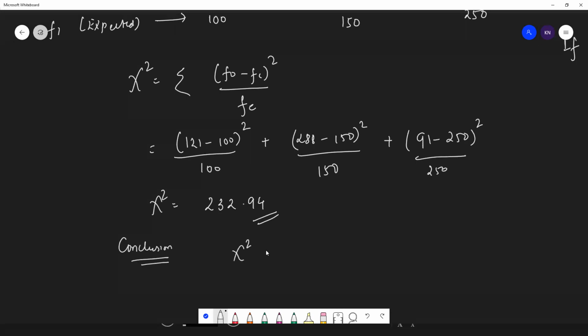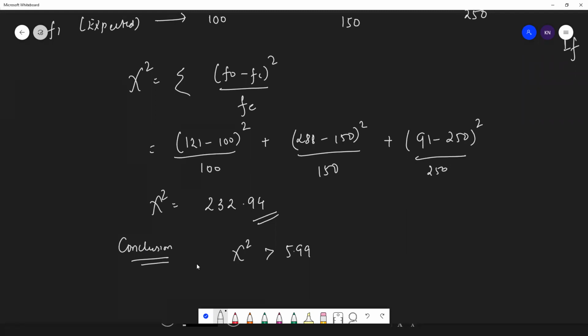Here chi-square is greater than 5.99, right? So you reject the null hypothesis. What does this basically mean if you're rejecting the null hypothesis? So in the past 10 years, the age has got changed, right?